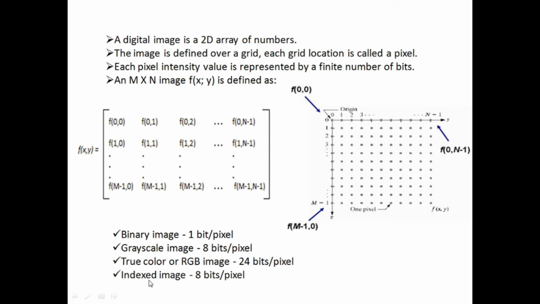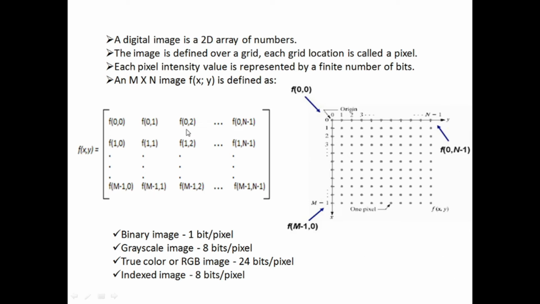And coming to the indexed image, it is similar to the grayscale image and carries 8 bits per pixel. An image of m cross n has m rows and n columns, as you can see right here: this is n columns and this is m rows.